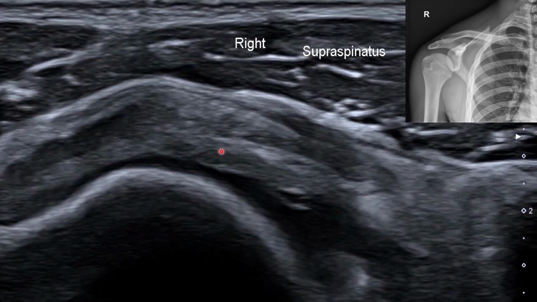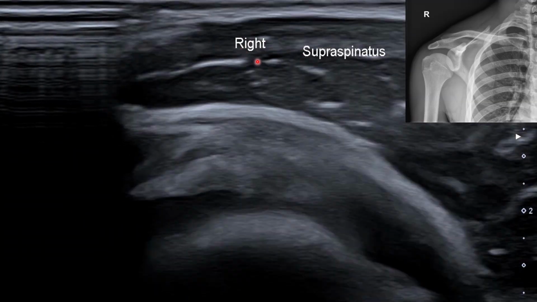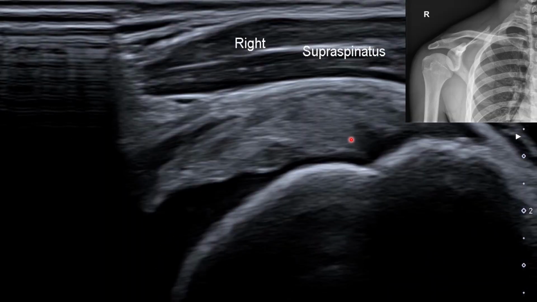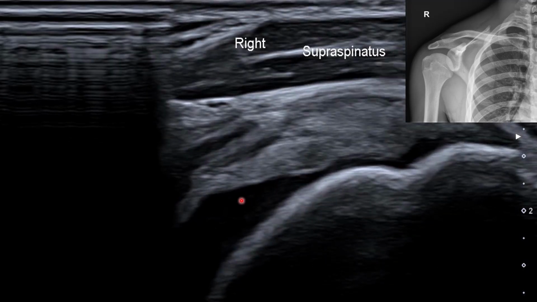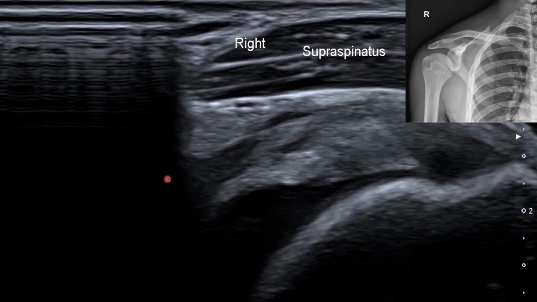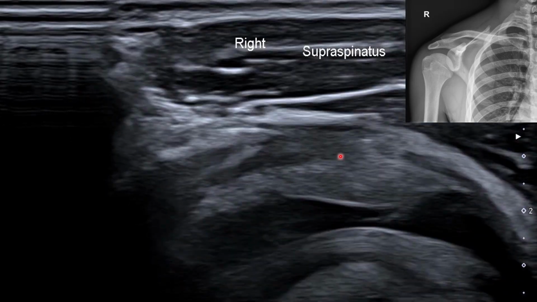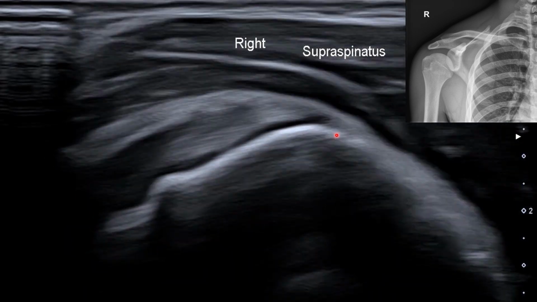See that's the deltoid there. And then here it appears as if there are some tears in the supraspinatus tendon. This is due to anisotropic misangulation of the probe. So if you angulate your probe nicely, you will see that it all disappears.